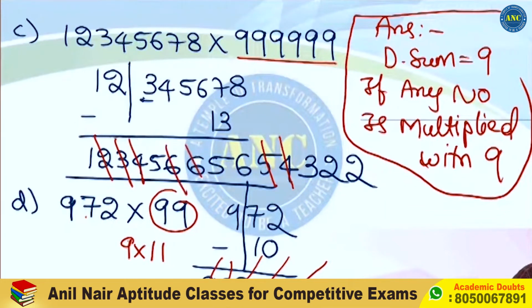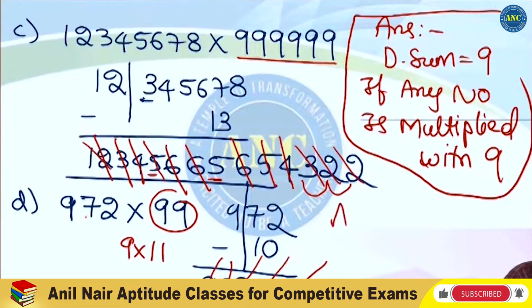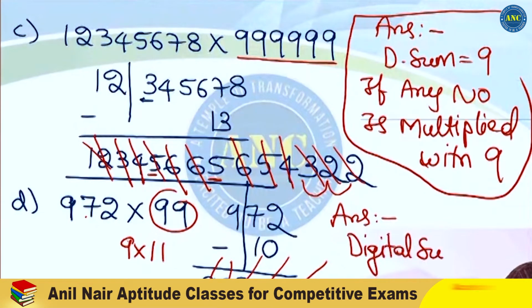Next one, 6 plus 6 plus 6, it is 9. Next one, 3 plus 2, 5. 5 plus 2, 7. 7 plus 5, 12. 12 plus 5, 17. 17 plus 1, 18. The answer digital sum should be 9.